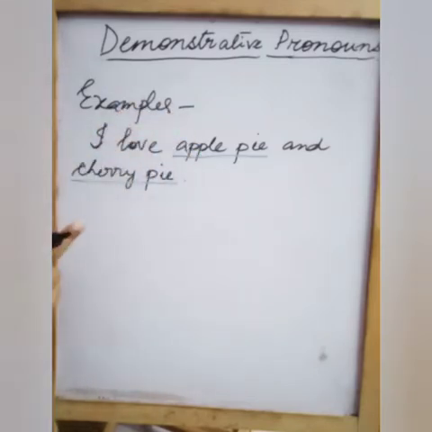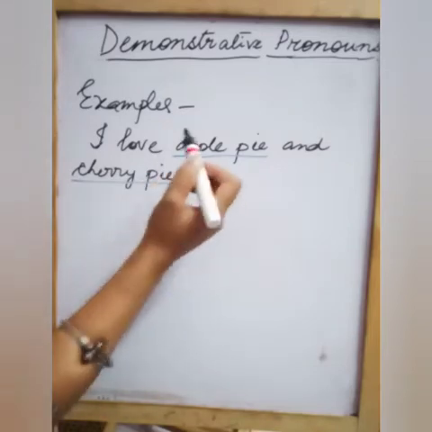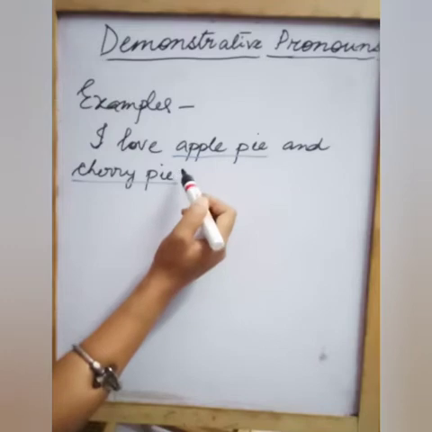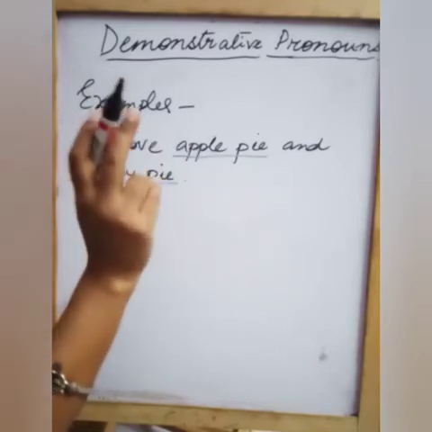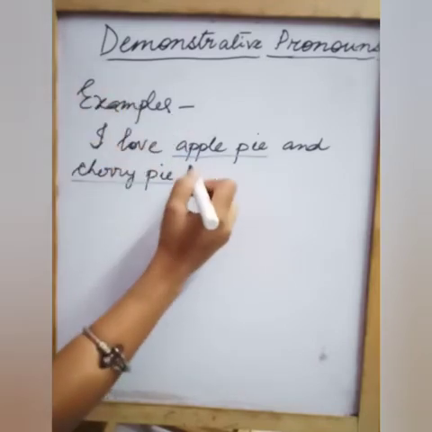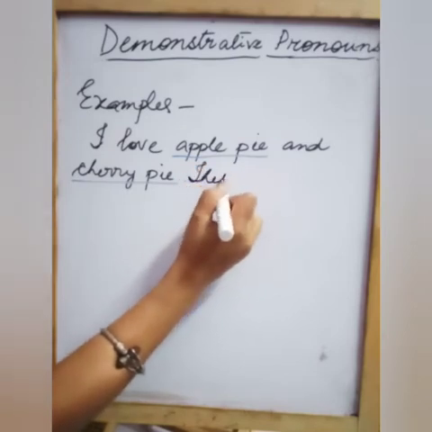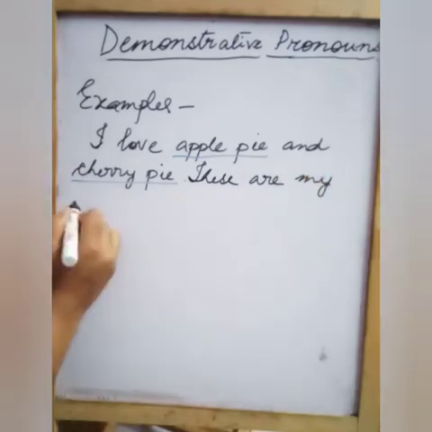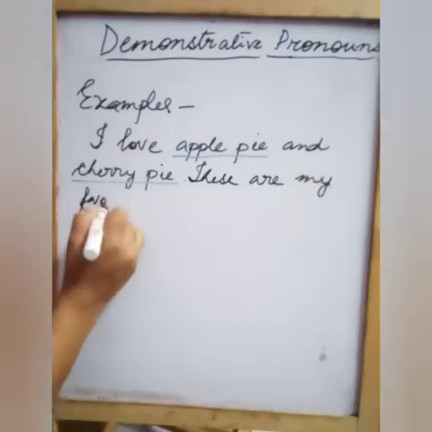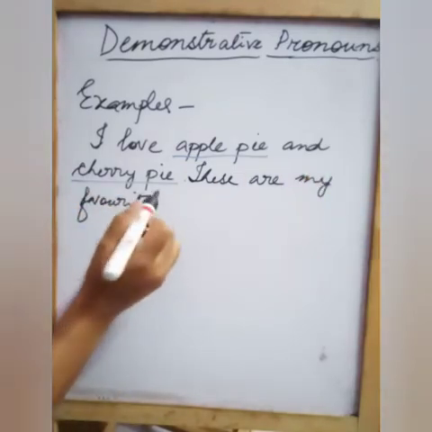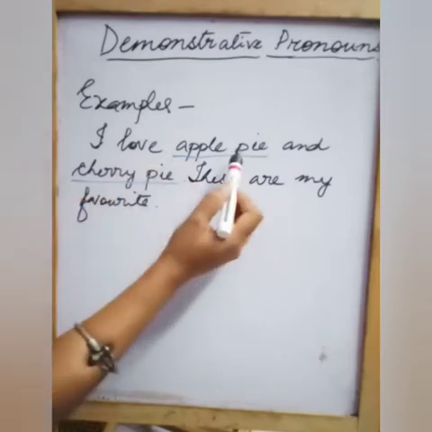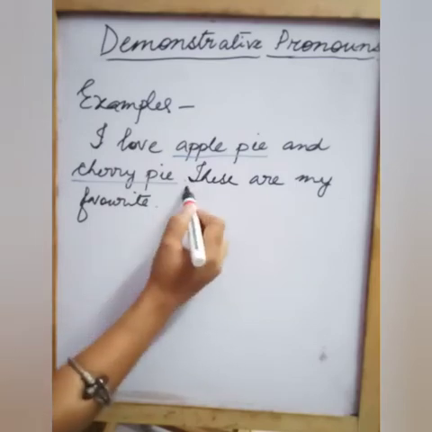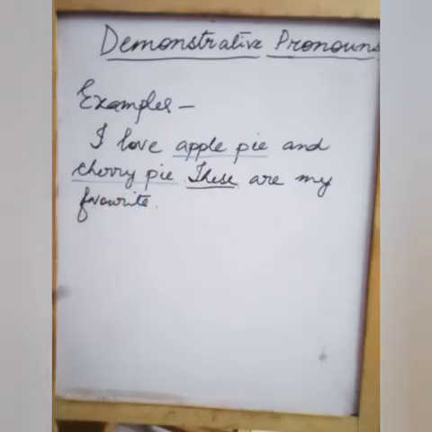I have written two nouns here, isn't it? Not singular. They are plural. So what will I write? I will not write this. I will write these. These are my favorite. You cannot write this here because you have mentioned two pies, apple pie and cherry pie. So to replace them, you use the demonstrative pronoun these.